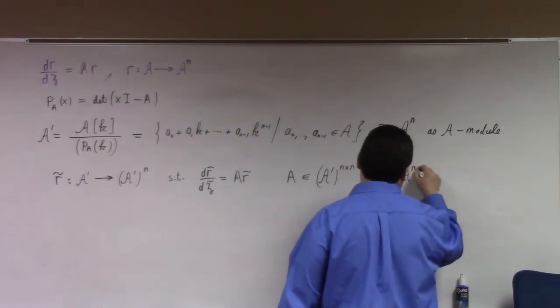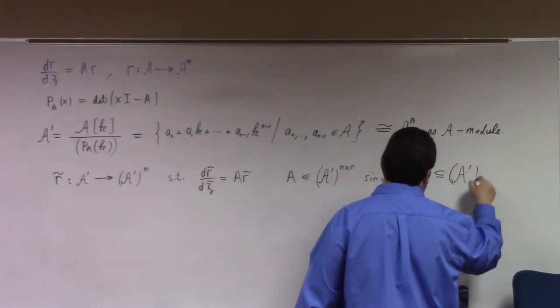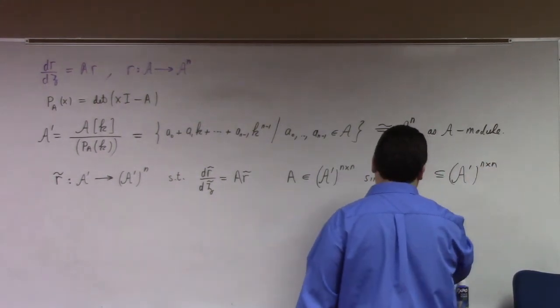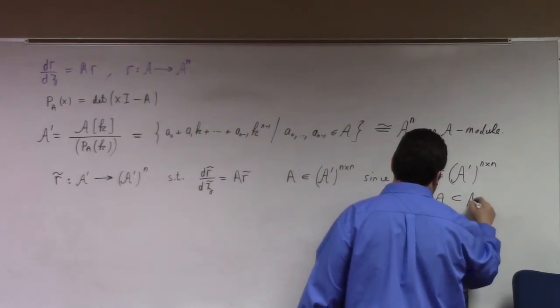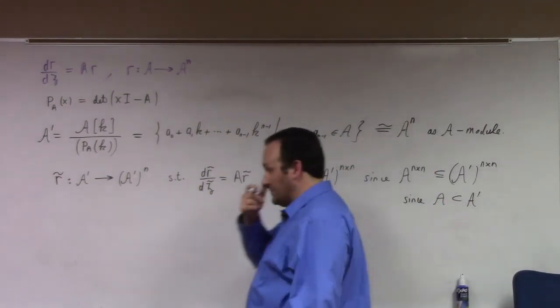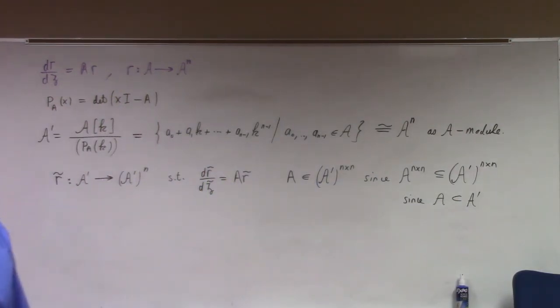Since A n by n is naturally viewed as a subset of A prime n by n, since A is a subalgebra of A prime. In particular, A is identified as the constant terms, the terms, if you wanted to think about it, with k equal to 0. That's not quite the right thing to say, because I don't really think of k as a function.